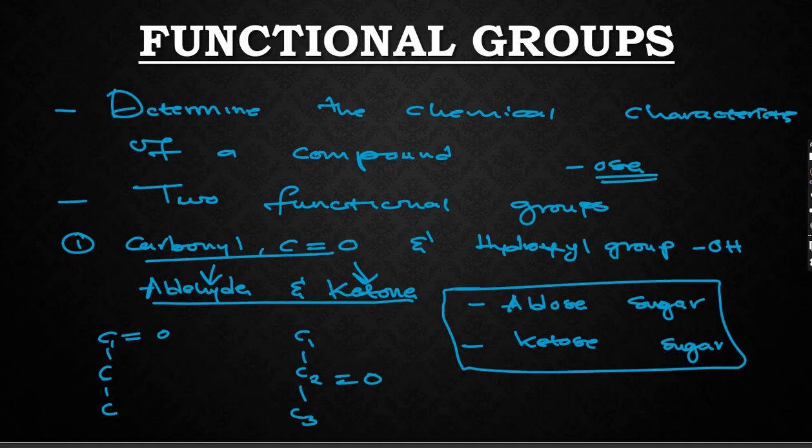The opposite of that, it is a ketone. Compounds whose carbonyl is at the first carbon are called aldose sugars, and those where it is at a position other than the first are called ketose sugars. This is what you need to understand, guys.